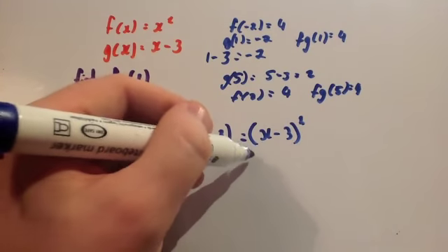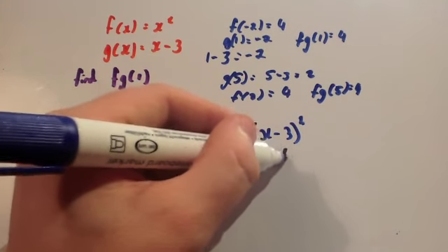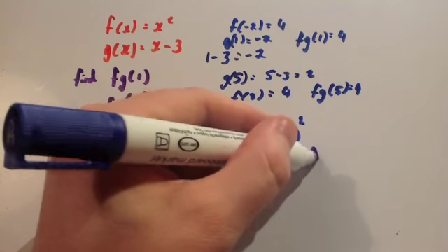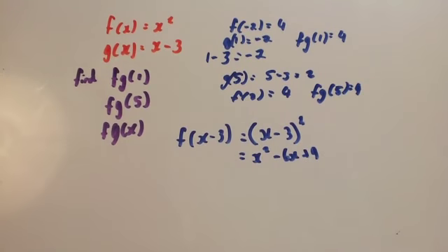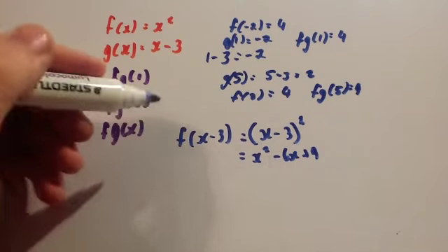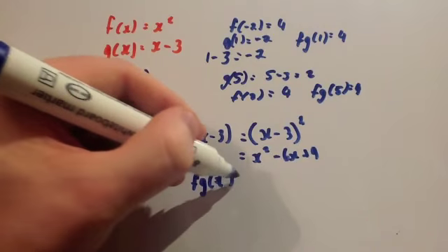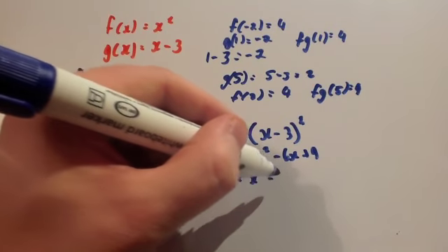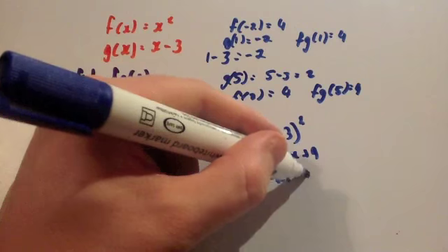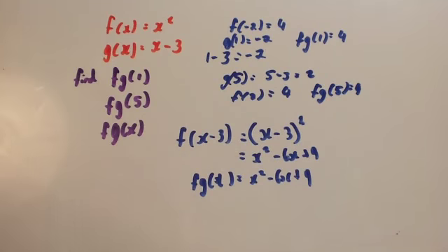So expanding those brackets would give you x squared minus 6x plus 9, using obviously multiplying the bracket by itself. So therefore, fg of x equals x squared minus 6x plus 9. Okay, and that's your answer.